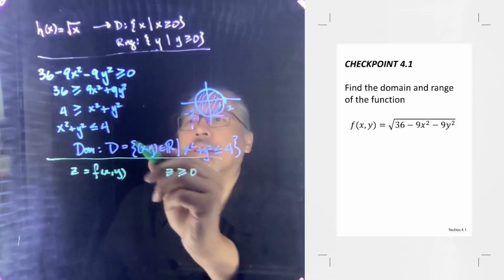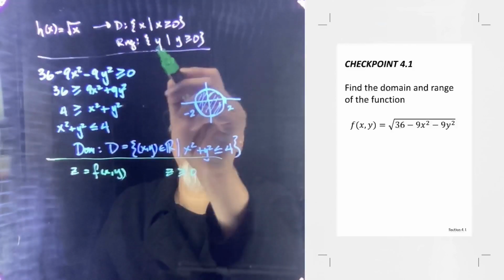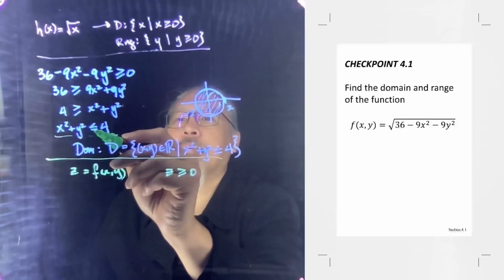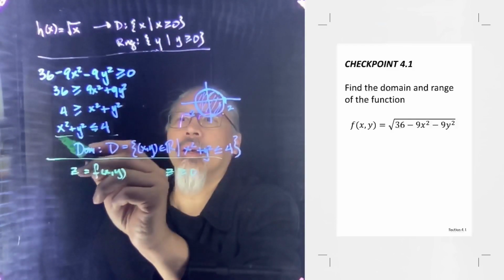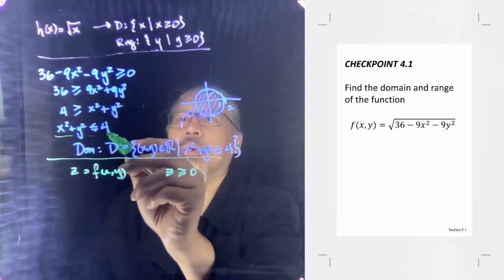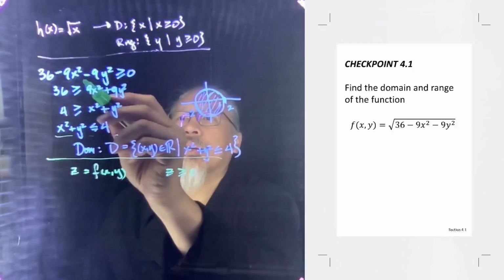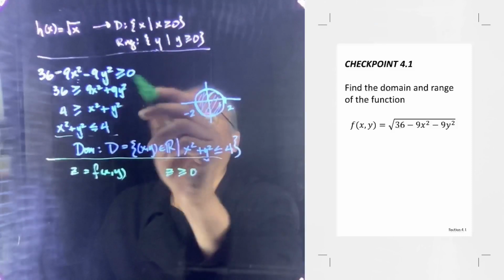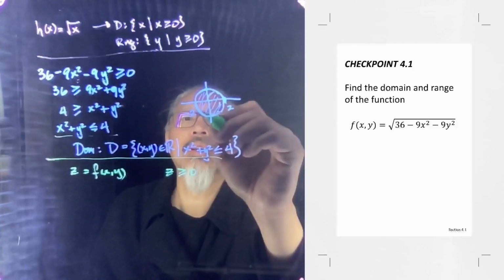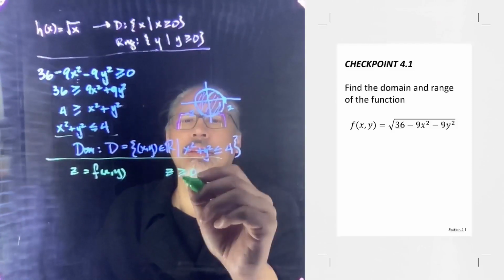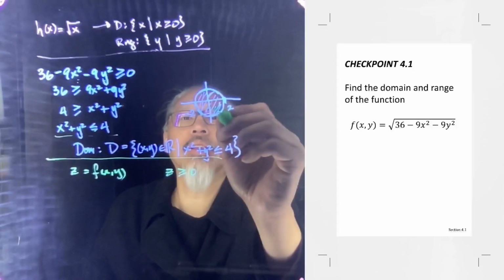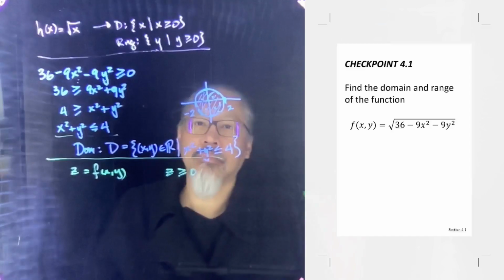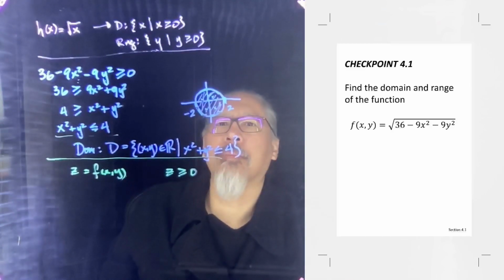We'll notice that in this function, the equality happens when x squared plus y squared equals 4. When we put x squared plus y squared equal to 4 into this, we get this to actually equal 0. So it looks like z equal to 0 happens here, and everything else in the middle would make this bigger than 0.